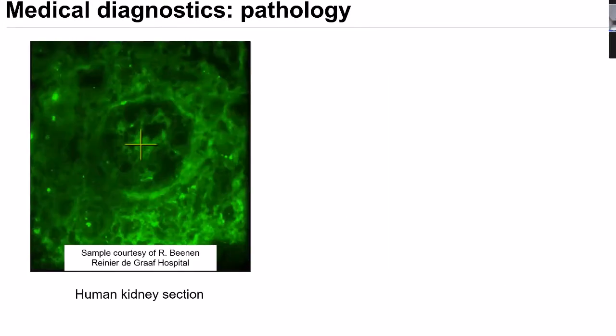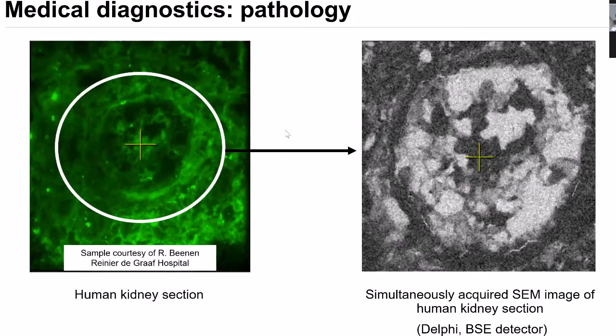So an example of the application of the SECOM for pathology is you can see here. This is a fluorescence image of a human kidney section, of a part of it. And the feature that you see here is a glomerulus. And this, on the DELPHI, a simultaneous acquired image is shown on the right.